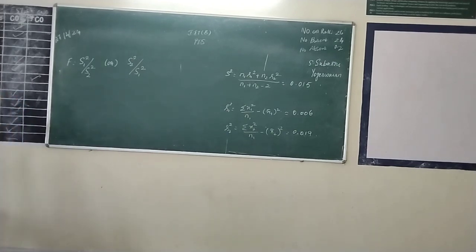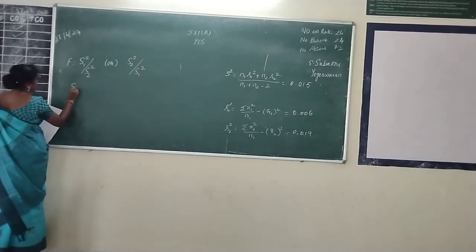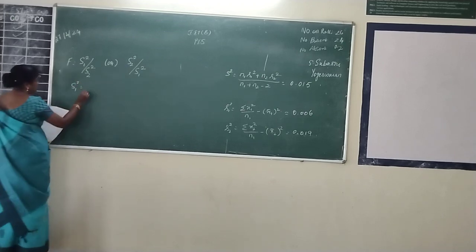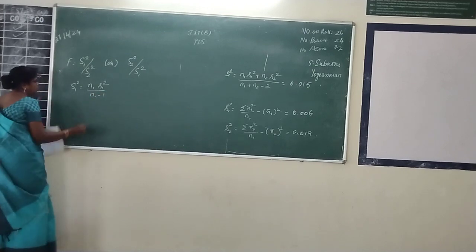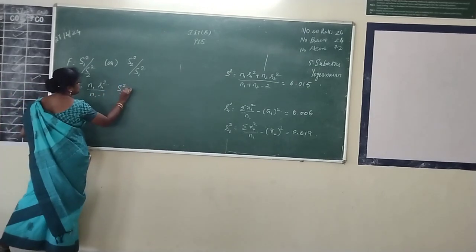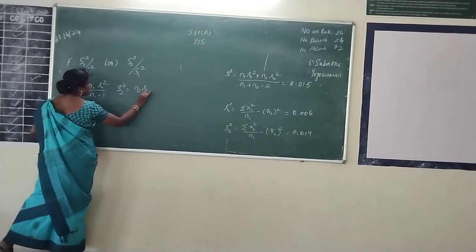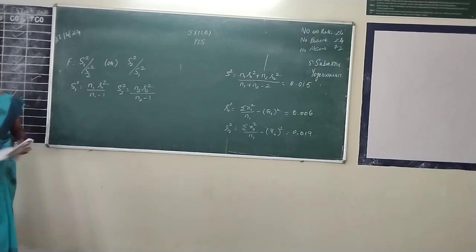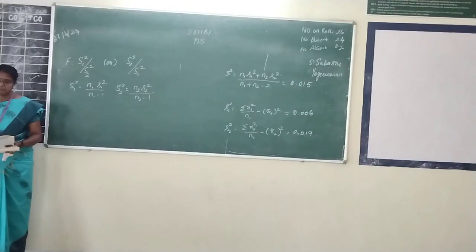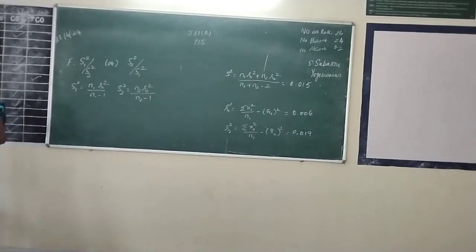Where capital S1 square is equal to N1 S1 square by N1 minus 1, and capital S2 square is equal to N2 S2 square by N2 minus 1. Already I have given the direct formula for capital S square earlier.